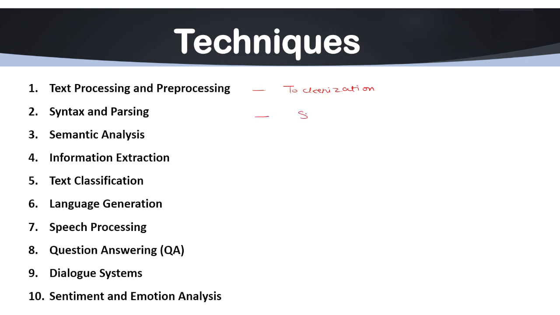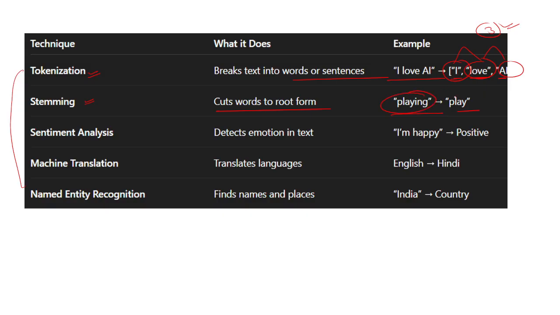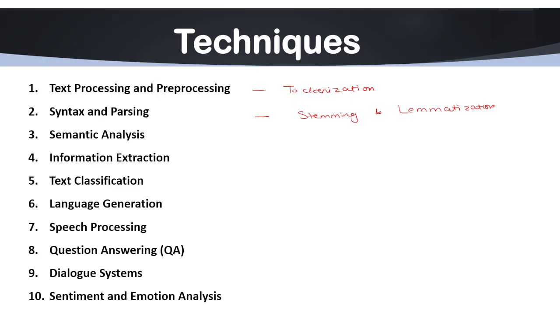Another type that we have discussed is stemming and lemmatization. It means reducing the words to their root or base form. That means, like I have told you, from playing to play. Here we are reducing the word to their root or base form. Clear? That is called stemming.